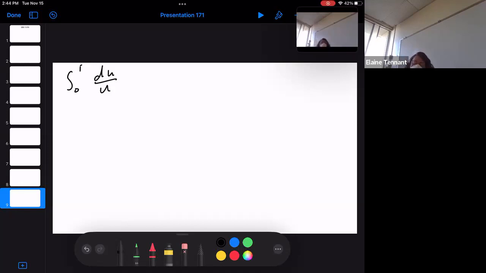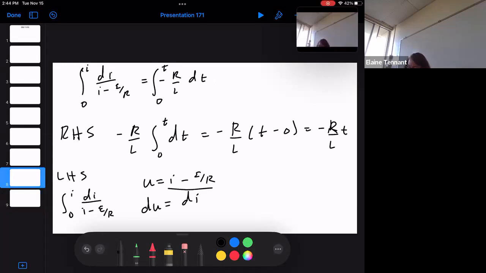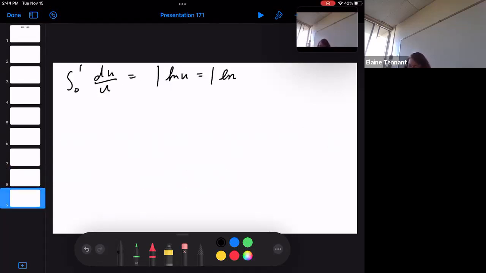And we're happy to see the natural log show up because we know we need an exponential at some point. So it's the natural log of u. We'll plug back in what our u is because I really don't want this in terms of u. I want it in terms of I. And we'll remember that our limits start at 0 and go to I.